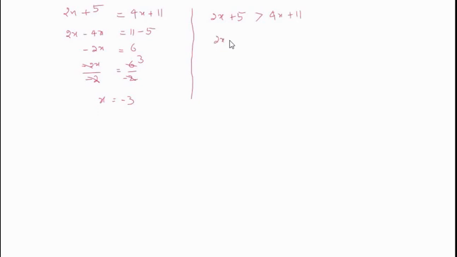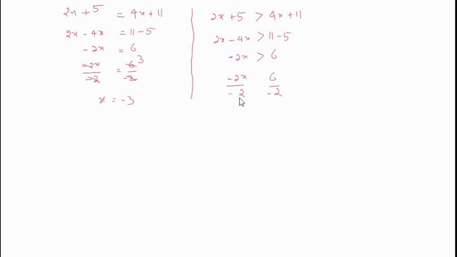So 2x minus 4x greater than 11 minus 5. So minus 2x greater than 6. Now let us divide by minus 2 both the sides. Minus 2x divided by minus 2, 6 divided by minus 2.